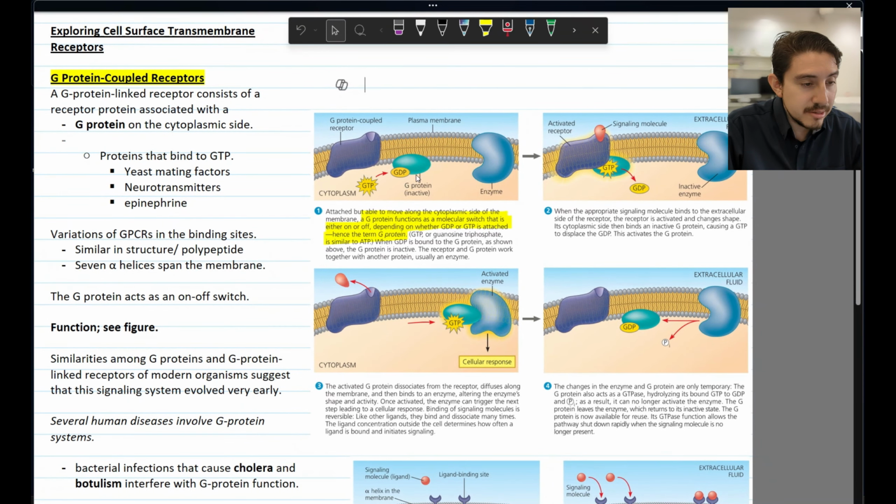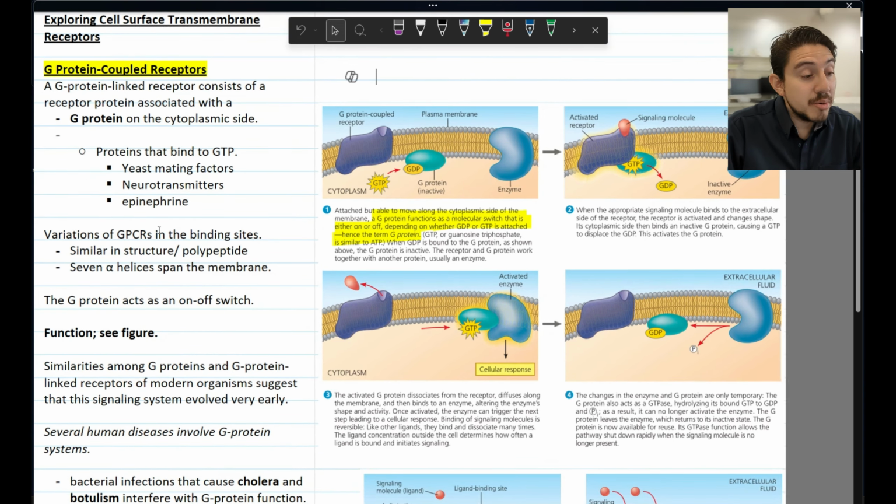If you take a look at number 1, you have the receptor here, and then you have a G protein on the inner side of the cell membrane. That's why it's called the G protein. The G protein in itself binds to a GTP molecule or a GDP molecule.